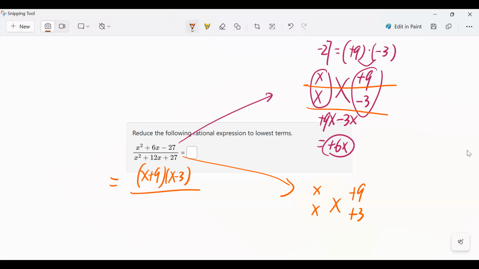That's what we want. We can double check by cross multiplying: positive 9x plus 3x gives positive 12x, the middle term. First, last, and middle term are all confirmed. We get the correct factoring x plus 9, x minus 3.